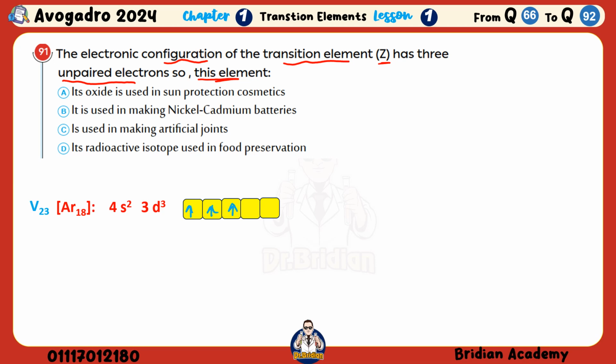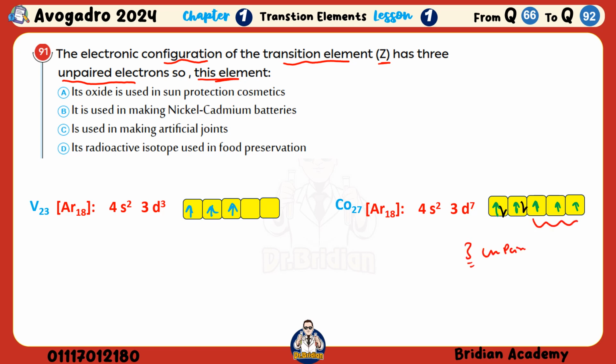The other is cobalt 27, argon 18, 4s2 3d7. In the d sublevel orbitals, unpairing occurs first according to Hund's rule, then pairing. So you have 3 unpaired electrons in 2 cases.